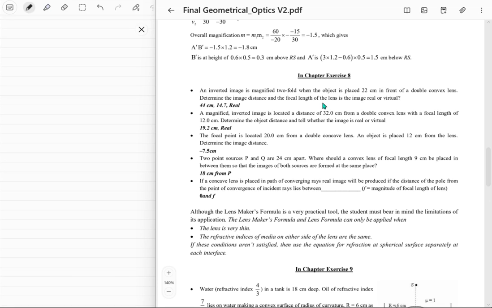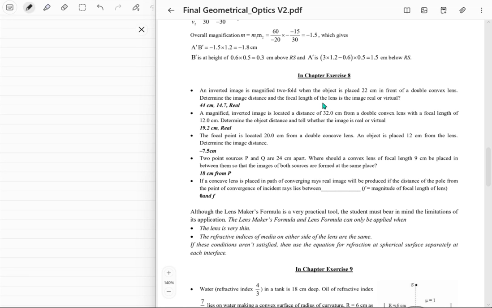But we don't really care, it's just a lens. We can make it effectively just a lens. Determine the image distance and the focal length of the lens, and whether the image is real or virtual.